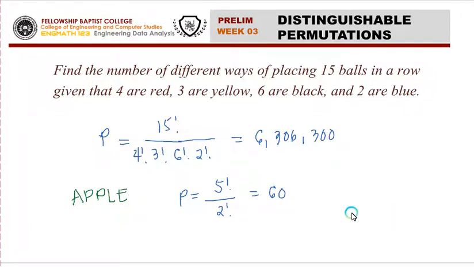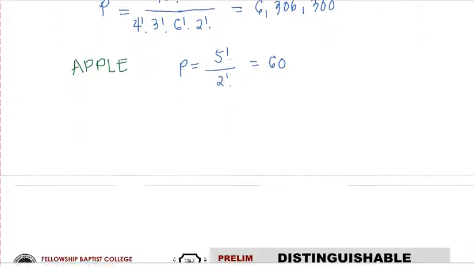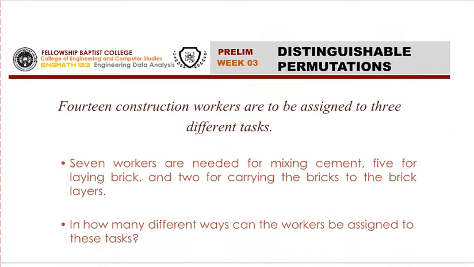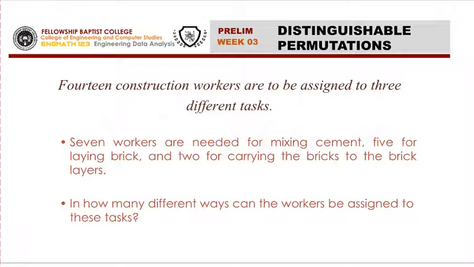Okay, so one problem here, medyo laktawan ta lang, but we have to proceed with another type of problem. 14 construction workers are to be assigned to 3 different tasks. 7 workers are needed for mixing cement, 5 for laying brick, 2 for carrying bricks to the bricklayers.